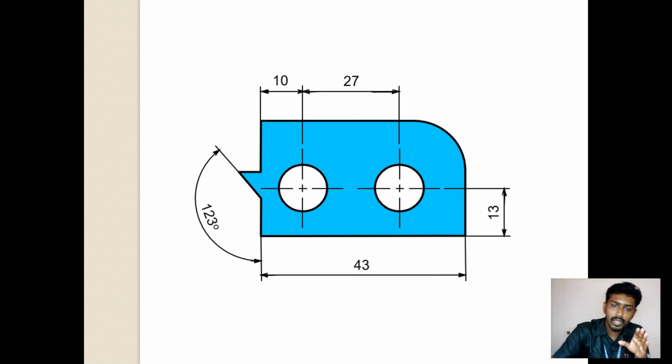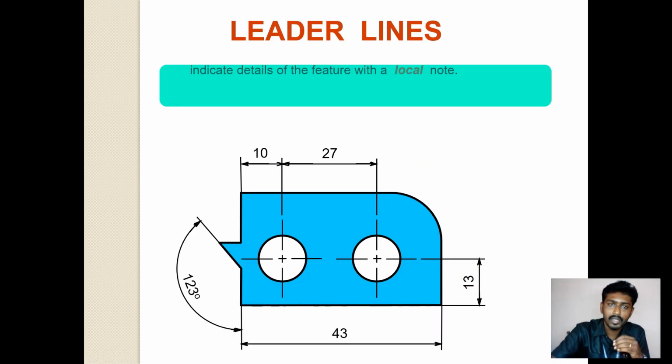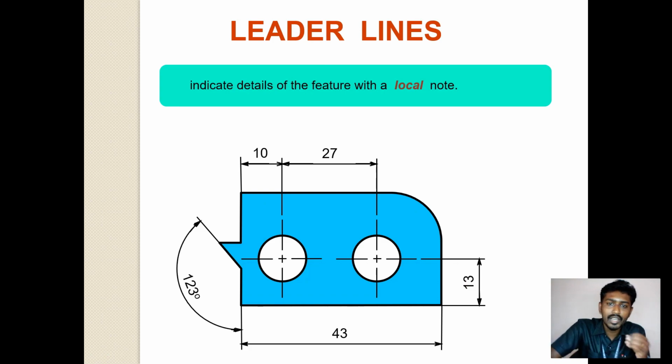And remember, this dimension line should be capped at both ends with filled arrows, and the arrow ratio should be 1:3, right? If the width of this arrow is 1, its length should be 3. Fine, right? And next is a leader line.